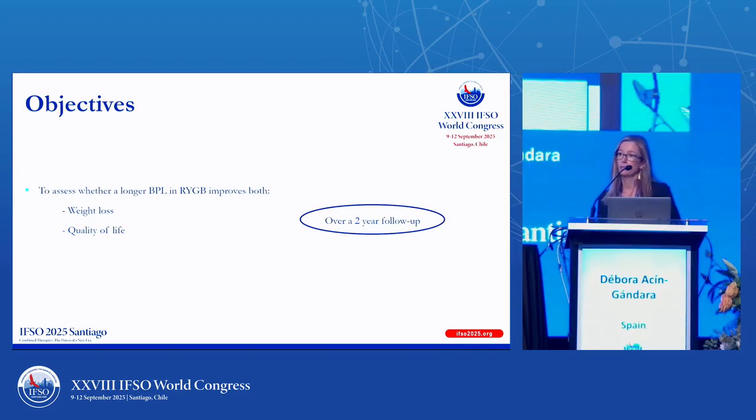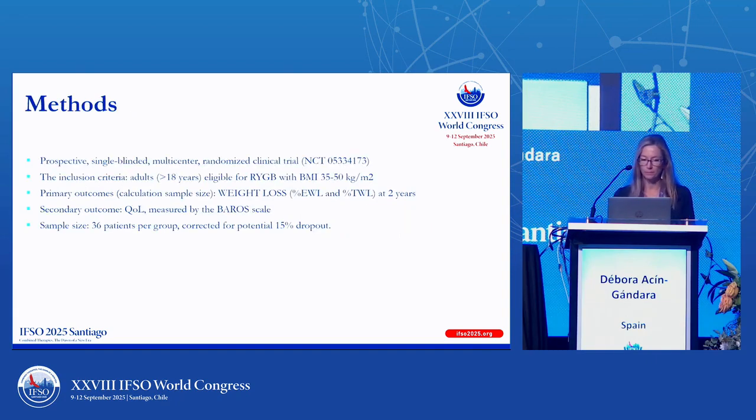So our objective was clear: to assess whether a longer biliopancreatic limb in Roux-en-Y gastric bypass improves both weight loss and quality of life over a 2-year follow-up. We designed a prospective, single-blinded, multi-center randomized clinical trial registered with this NCT number.